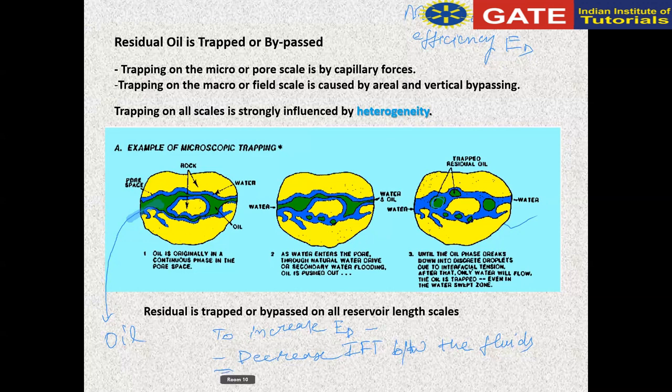Second is oil volume expansion or reduction of oil density. If the density of your oil is reduced, your trapped oil will move easily.